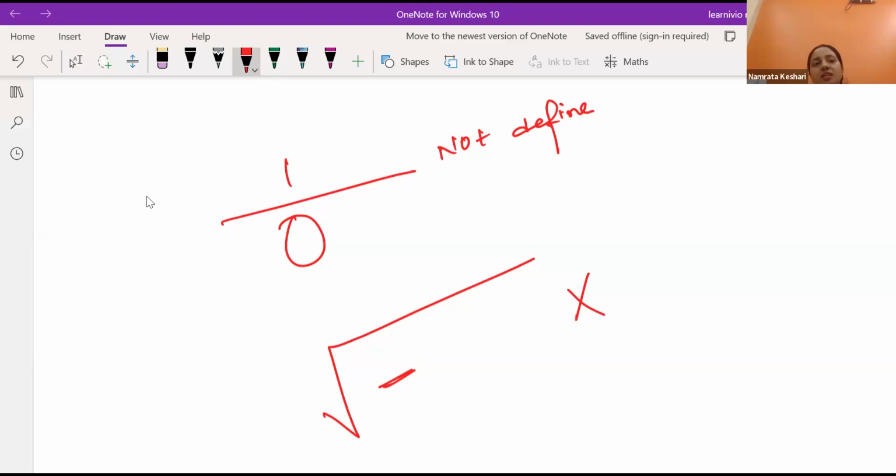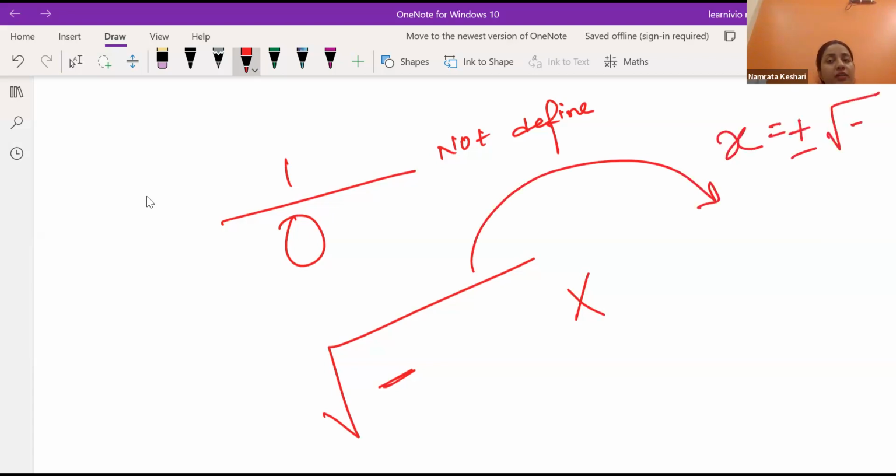At first our mathematicians said that negative inside the root is not allowed in mathematics. But later on they found that sometimes we are getting the x value as plus minus under root minus 1. And what to do at that time? So they said that okay, from now onward we will be developing a new branch of mathematics where we will be using imaginary numbers, which just came from imagination.